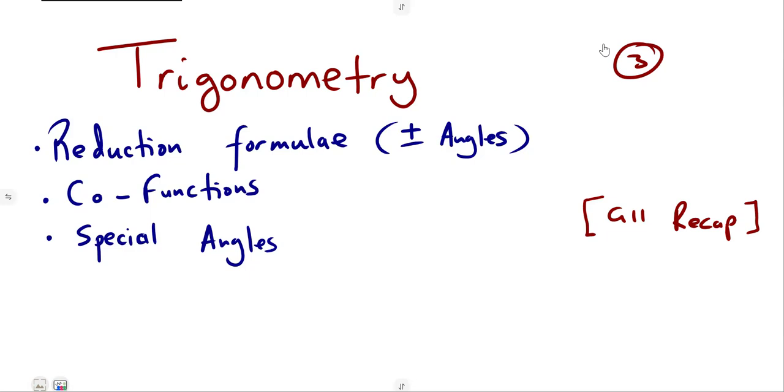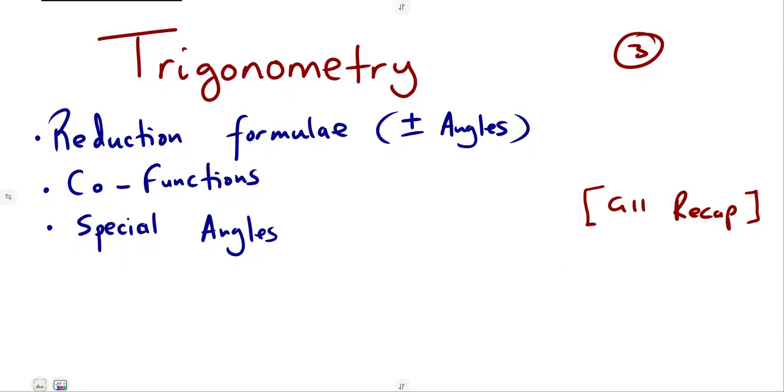So we are going to consider this as a recap, like I said: reduction formula, working with positive and negative angles, and also considering our cofunction and the special angles.